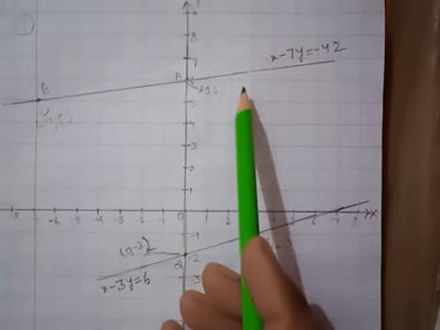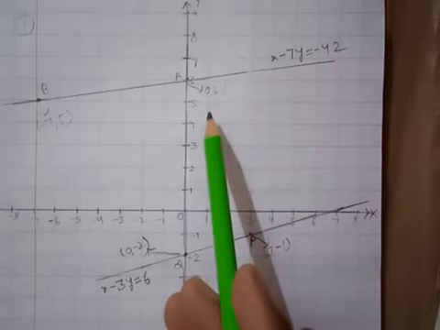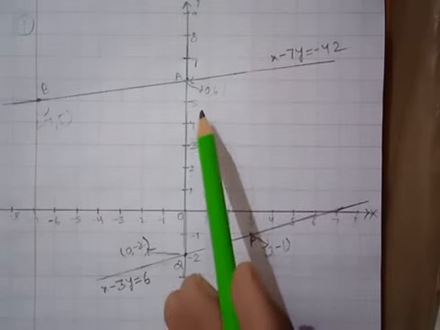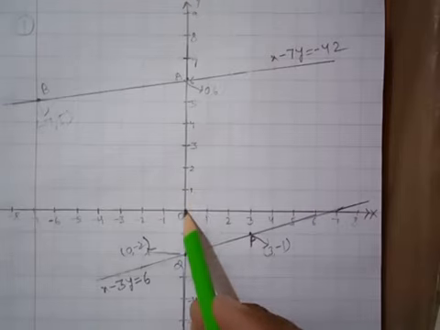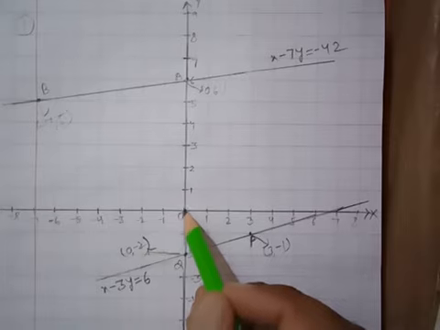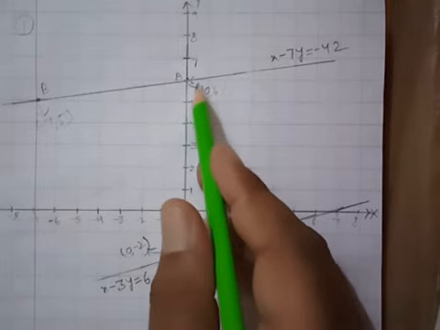For x minus 7y equals minus 42, we have 2 points, A is 0 comma 6 and B is minus 7 comma 5. To represent 0 comma 6, start from here. x is 0, y is 6, so go in the positive direction of y: 1, 2, 3, 4, 5, 6.